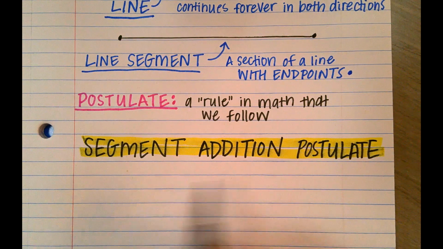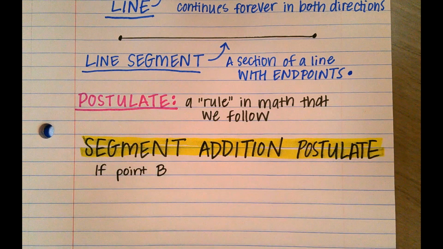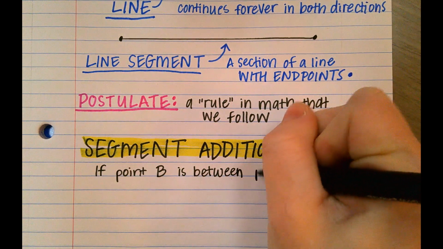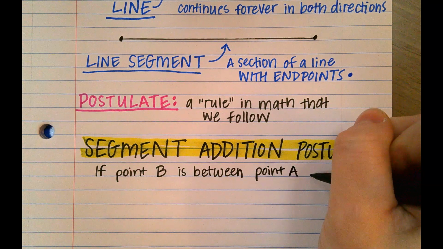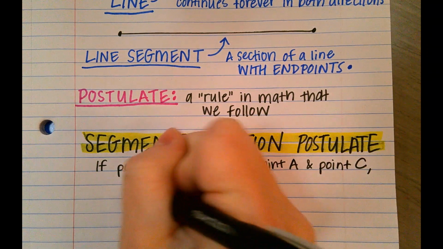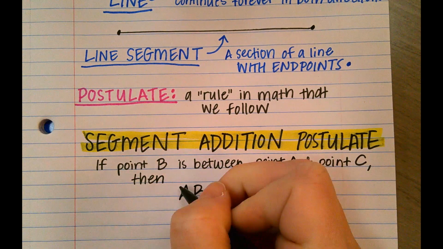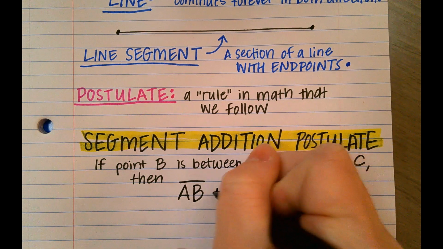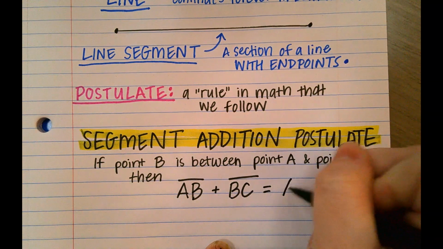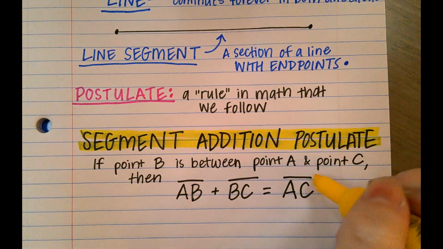So the actual definition of this is, if point B is between point A, C, then we're going to write bigger here, AB, the line over it, plus BC with the line over it equals AC with a line over it. Now, I'll tell you what this means. I'm going to highlight this formula as well.